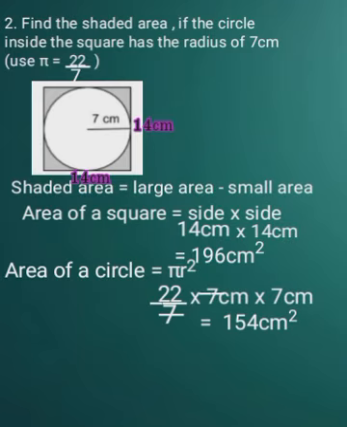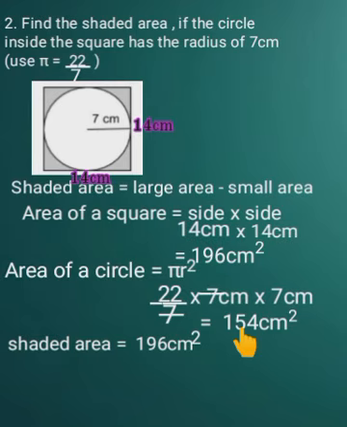So in order to find the shaded area, you take larger area minus smaller area. Here it is 196 centimeter squared minus 154 centimeter squared. We take the area of the square, which is 196, and the smaller area, which is the area of the circle, 154 centimeter squared.